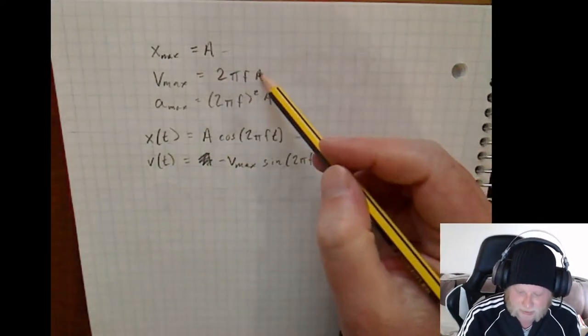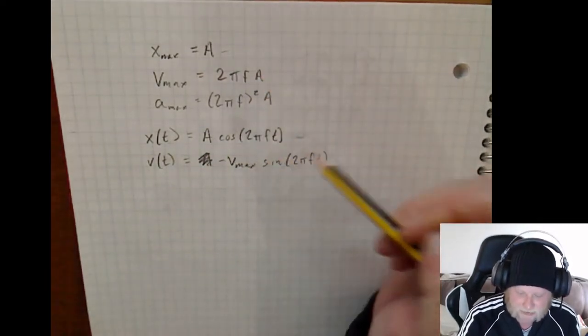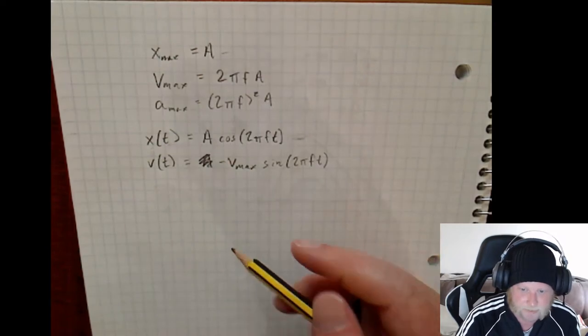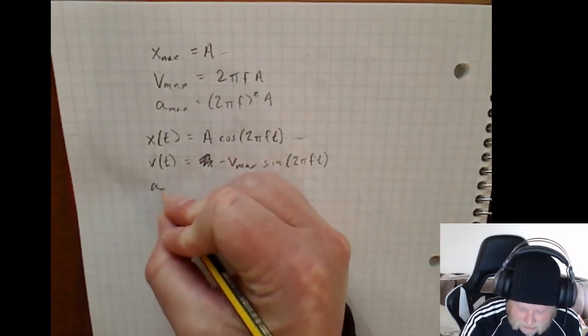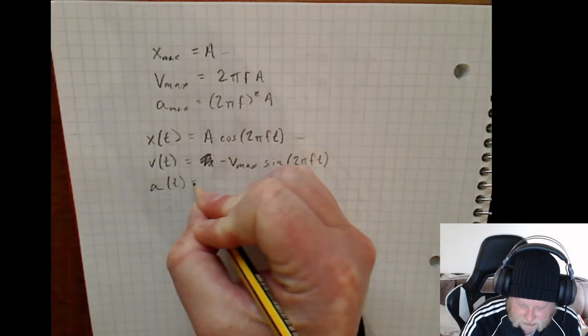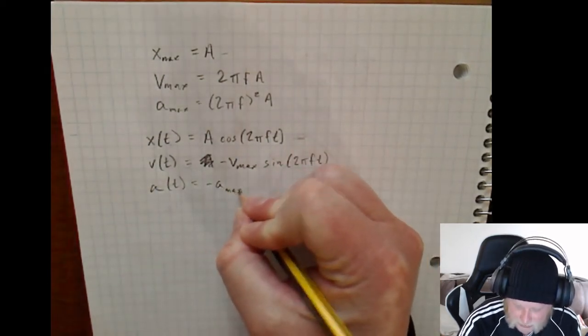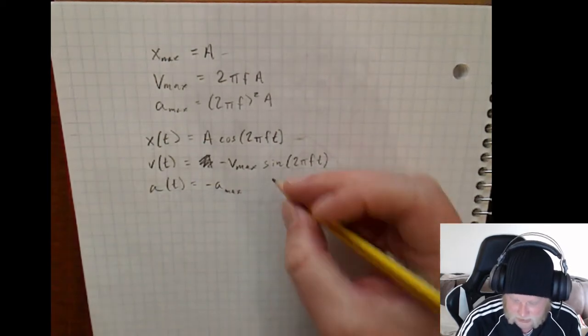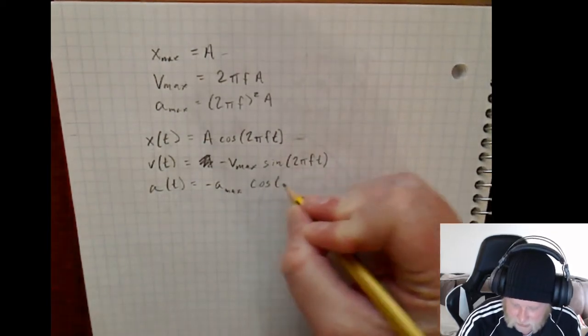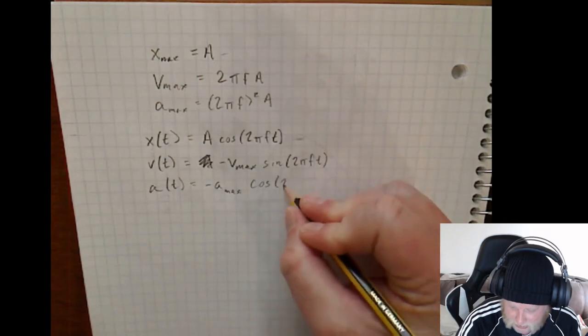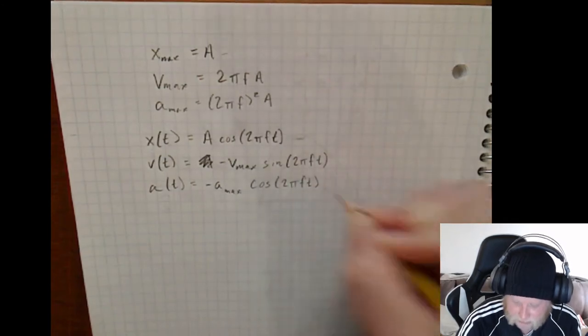All right, so you take your Vmax, make it negative, sine 2 pi, frequency times time. And lastly, your acceleration as a function of time would be your negative Amax times the cosine of 2 pi frequency times time.